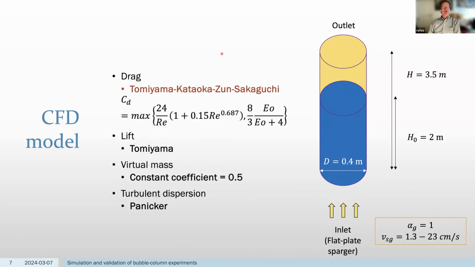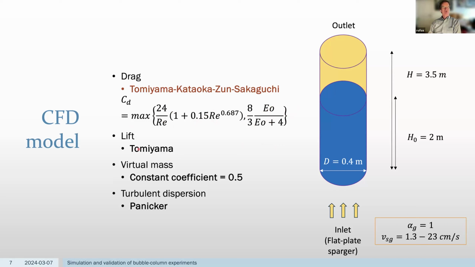Okay, for drag models, if you're familiar with bubble column simulations, there are a lot of drag models available, but the most reliable is the one by Akio Tomiyama, and so we're using his model. In our case, the Eötvös number is such that the bubbles remain nearly spherical, so it's mainly controlled by the Reynolds number.